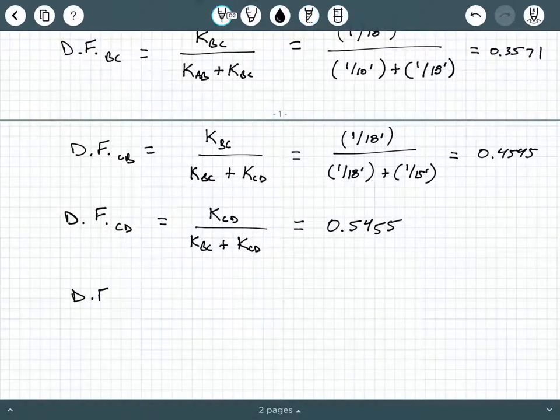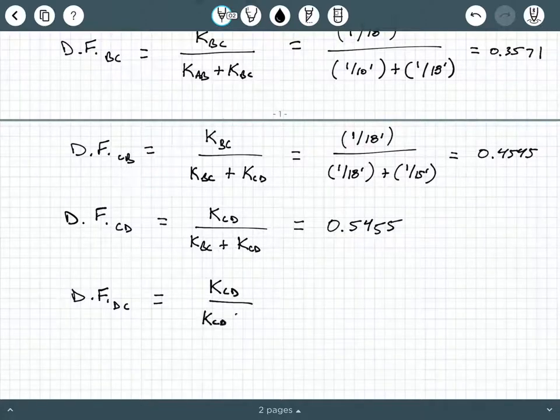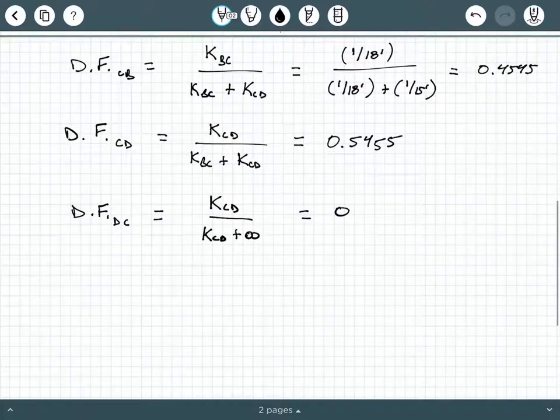Okay, and then now our last distribution factor is going to be the distribution factor for DC, which should be 0 because we have KCD over KCD plus infinity due to the fixed connection at D, so that's 0.